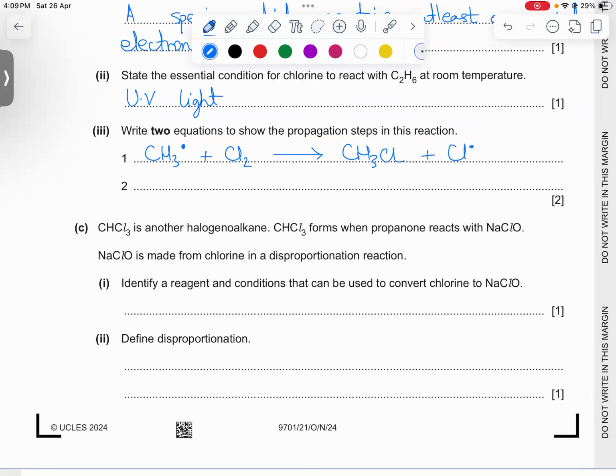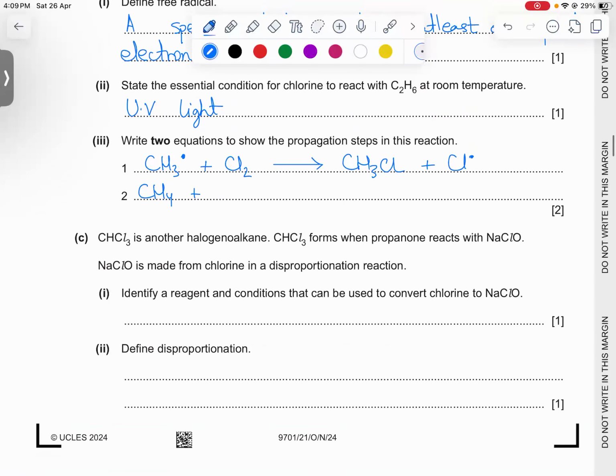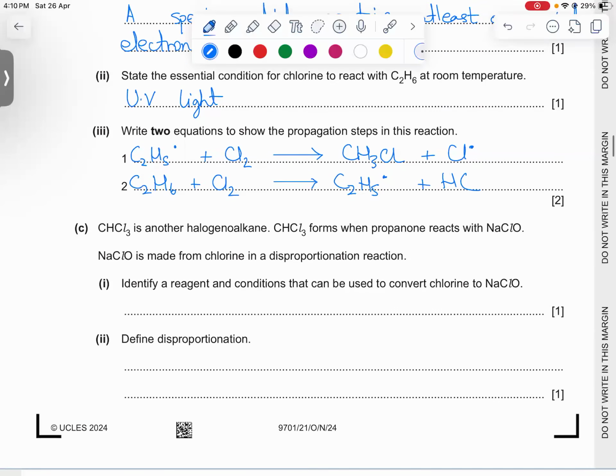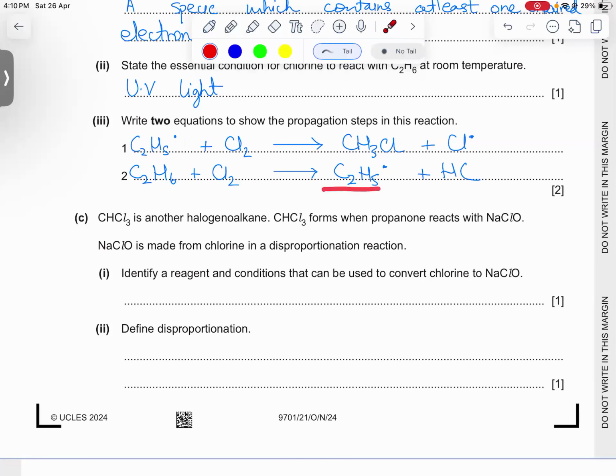But in this reaction we have to use ethane, so we use C2H5 free radical and C2H6. If this reacts with Cl2, we see the formation of C2H5 radical and HCl. These are the steps.